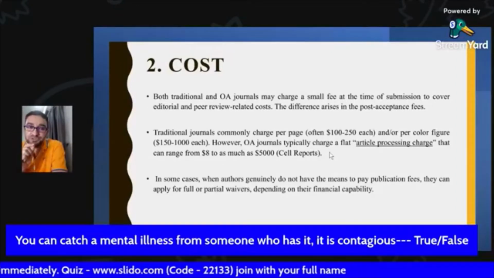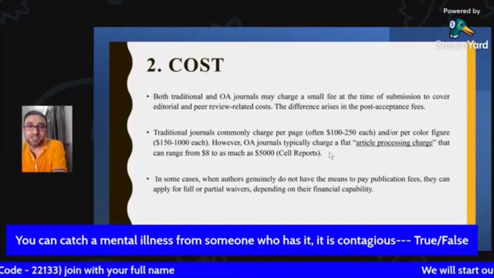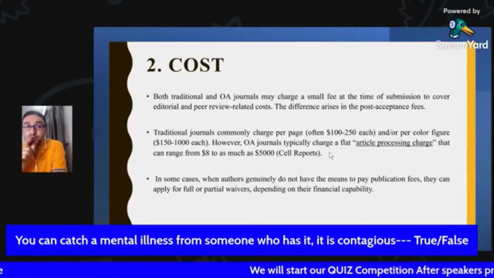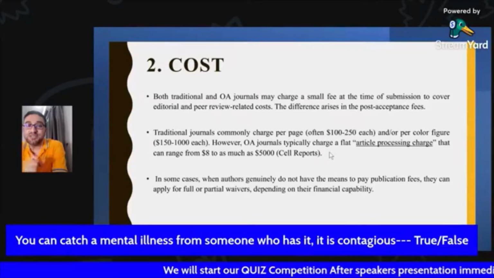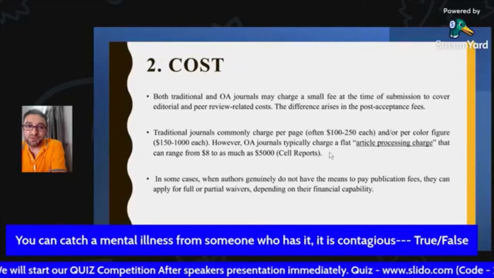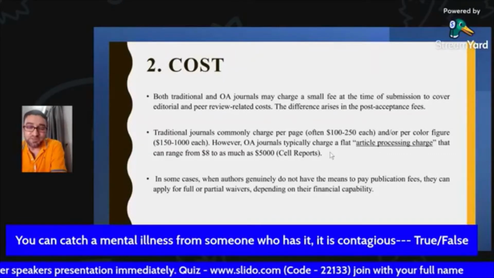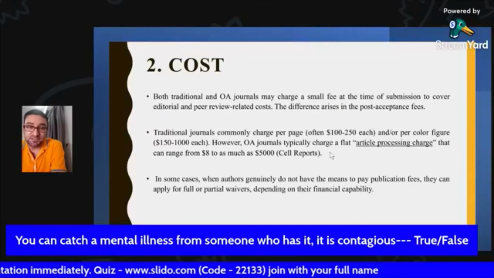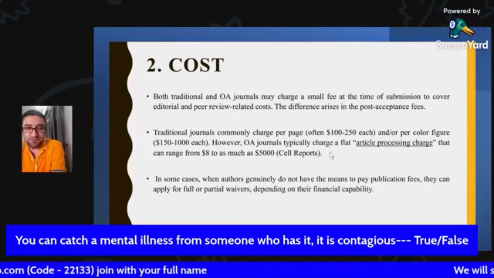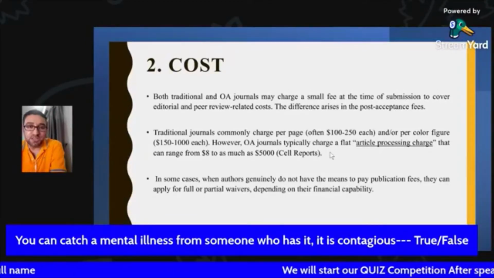If you get rejection, then it's fair. You take your paper and publish it elsewhere. But if you get acceptance, then before you publish it with them, they will tell you, now your paper has been accepted, but there are processing charges, which will cost, for example, 200 to 300, sometimes 500 USD. If you want to pay, we are going to publish it. If not, you can withdraw your paper and publish it elsewhere.